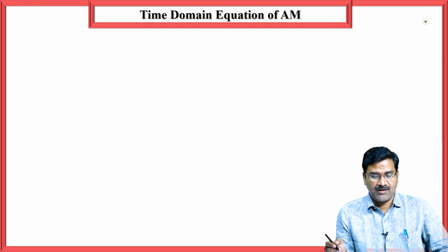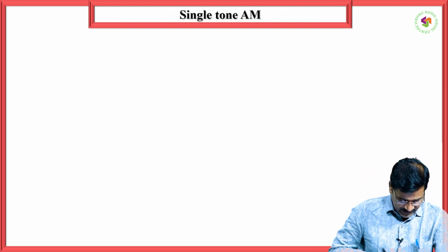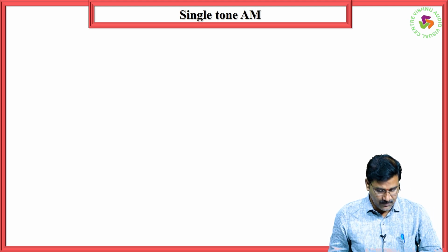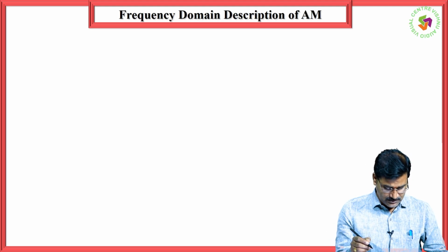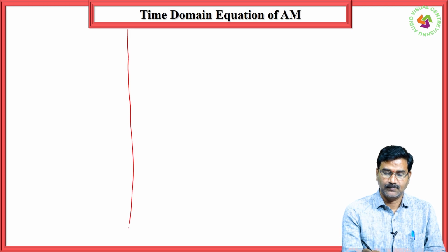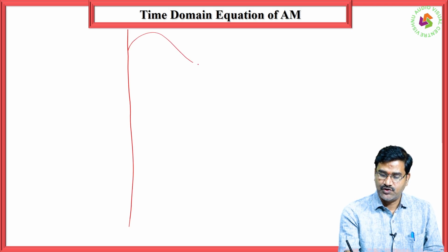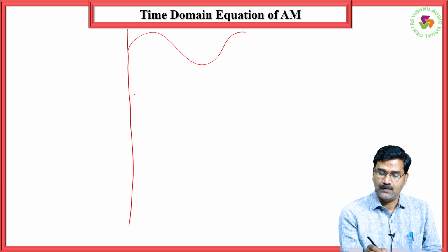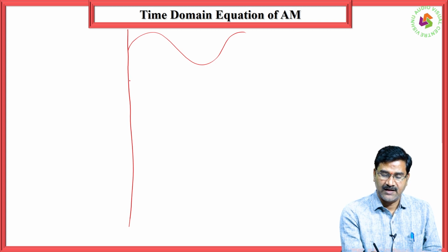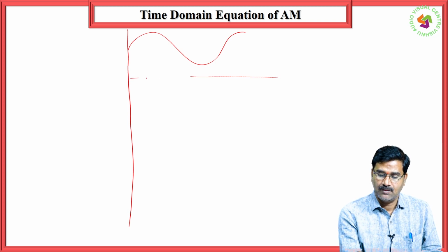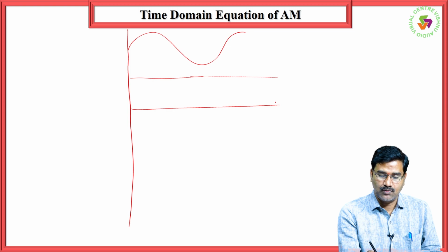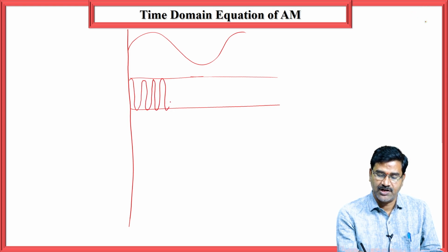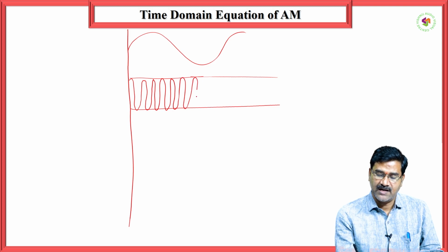Now if you look at the AM signal, let us consider this is the message signal which you want to transmit, and the carrier signal I am drawing here, just to draw the constant carrier amplitude, I am drawing the straight lines here. This is the carrier signal.